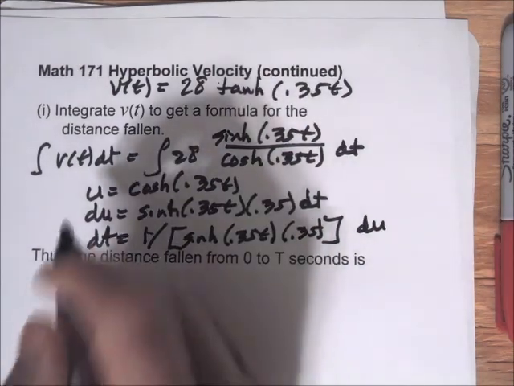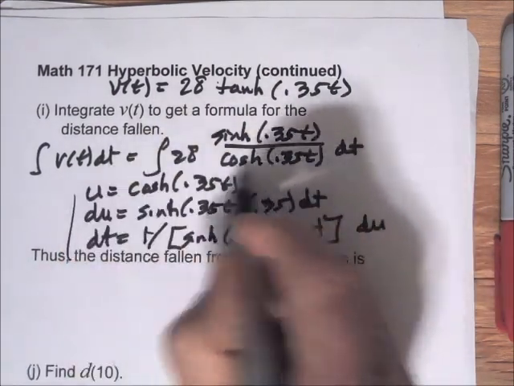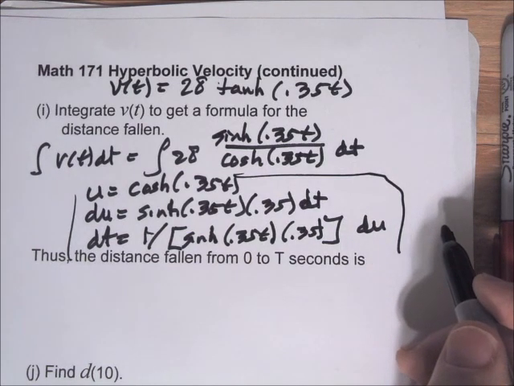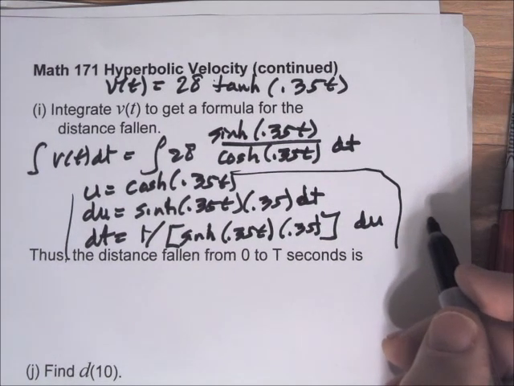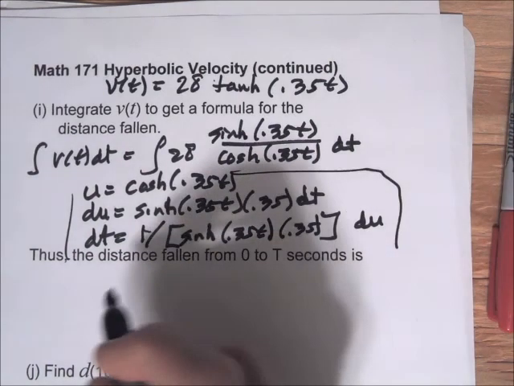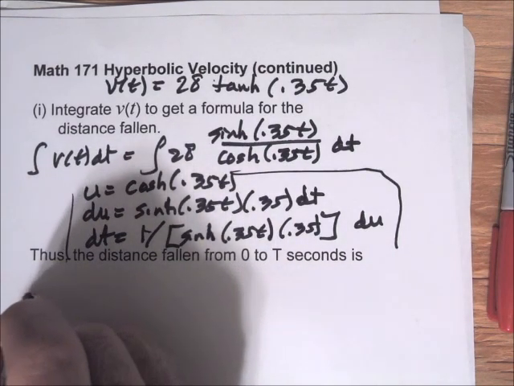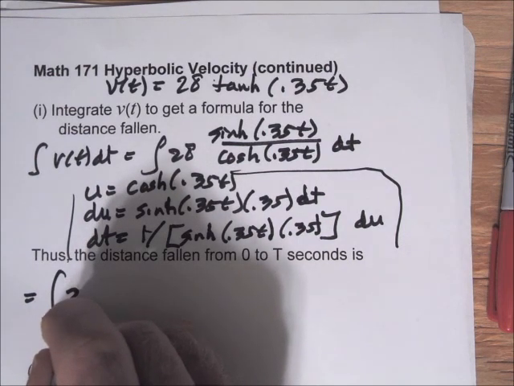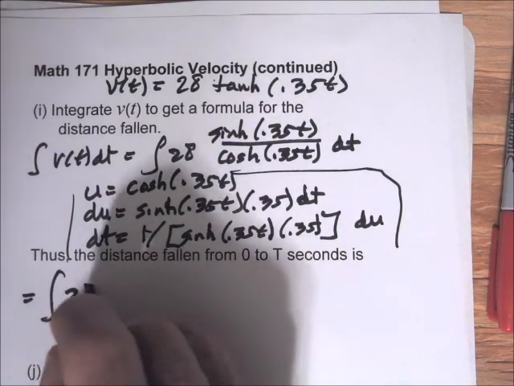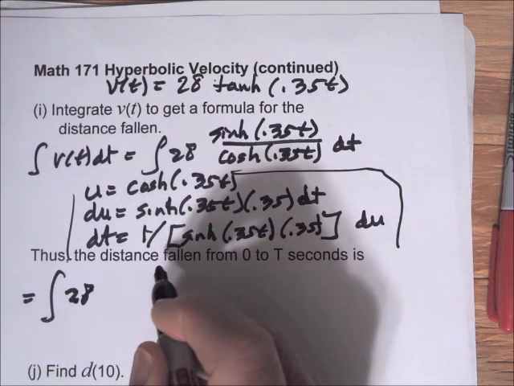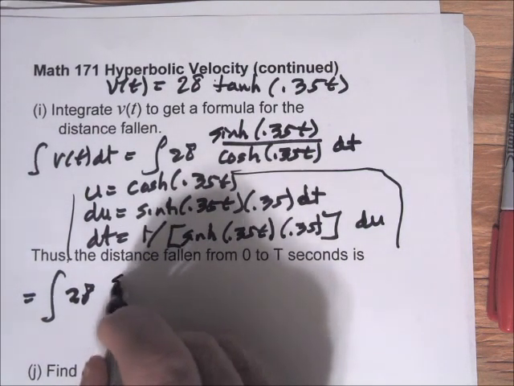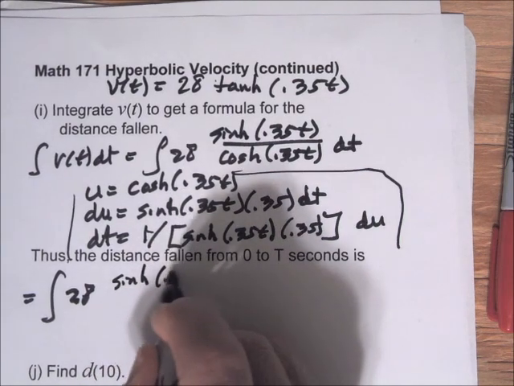Okay, so if we take the antiderivative, this is equal to the integral of 28, and I want to copy the sinh of 0.35t.